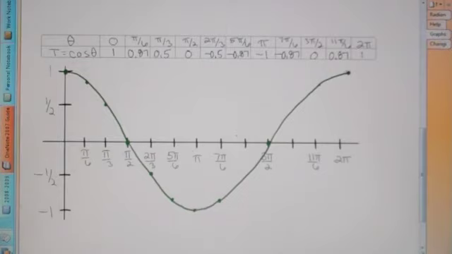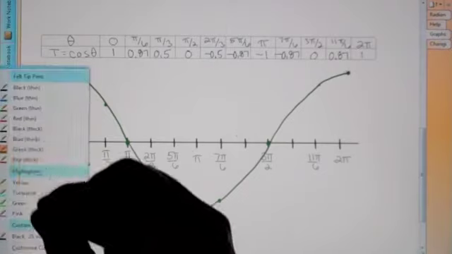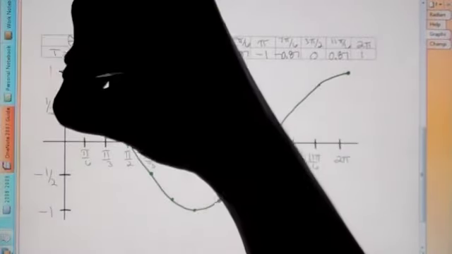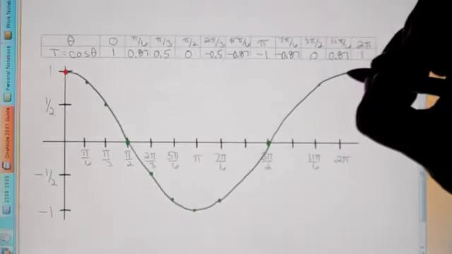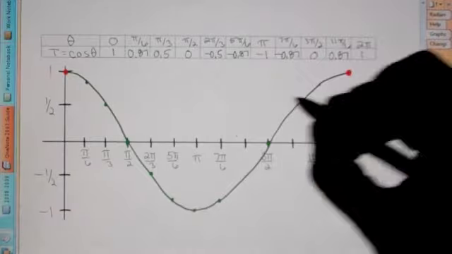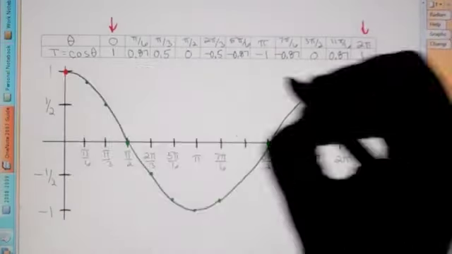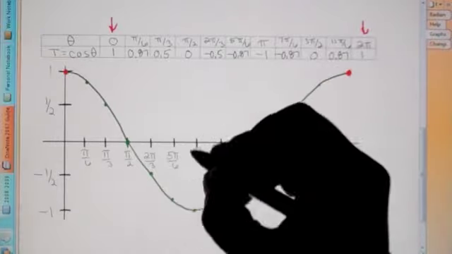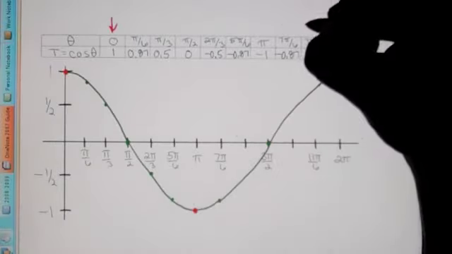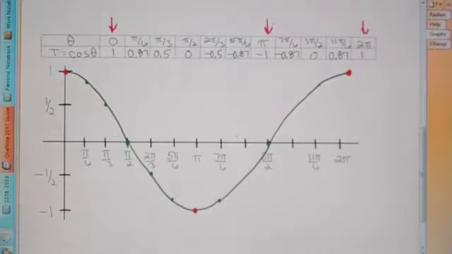So again, there's the 5 points that I really want you guys to memorize. The 5 points are where it begins. It begins up at 1. It ends up at 1. So 0 and 2 pi, begins and ends up at 1. Halfway through at pi, it's down at negative 1. That's the other one I want you to memorize.